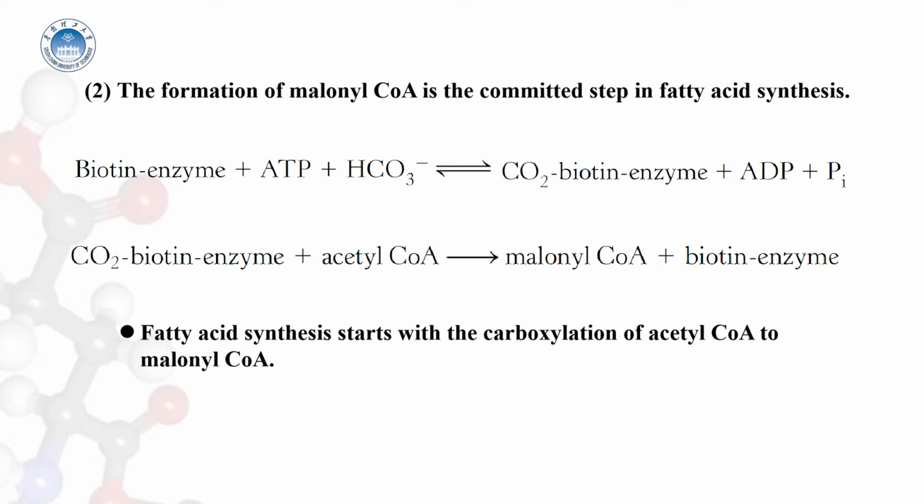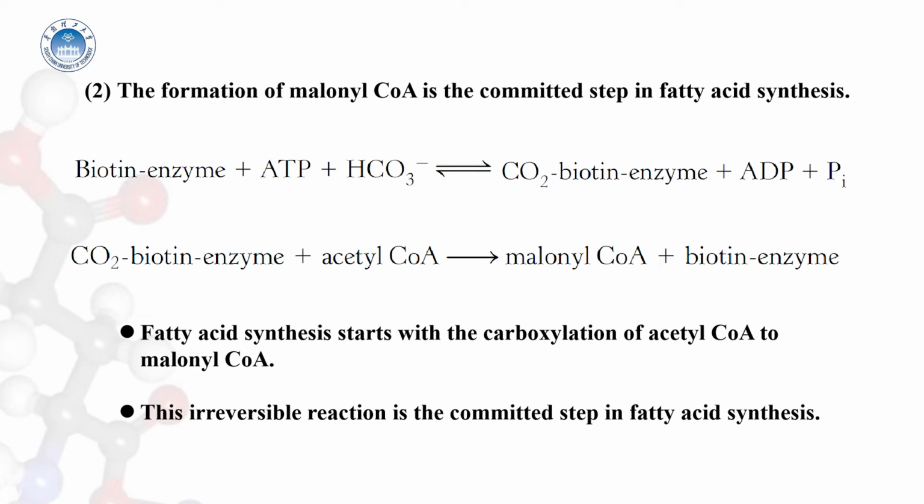Fatty acid synthesis starts with the carboxylation of acetyl-CoA to malonyl-CoA. This irreversible reaction is the committed step in fatty acid synthesis. The synthesis of malonyl-CoA is catalyzed by the cytoplasmic enzyme acetyl-CoA carboxylase 1, which contains a biotin prosthetic group.